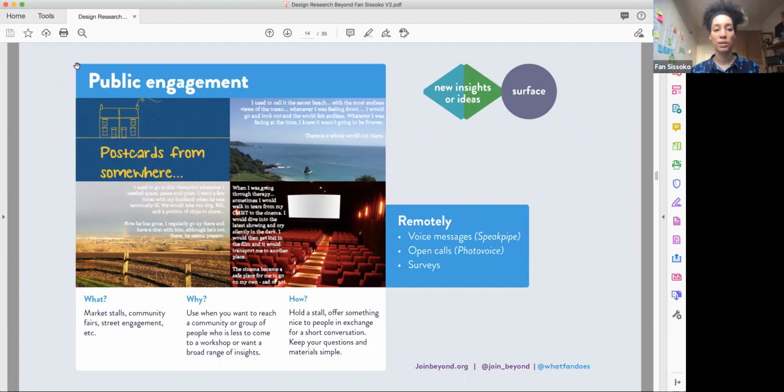When you need to go a little bit broader, obviously, you could do surveys, but you could also do public engagement. With public engagement in a kind of normal world or pre-COVID world, what that might look like is, for example, if you're trying to implement a service or start something new in a new neighborhood, you might find a market or community fair and do some kind of on-street engagement.